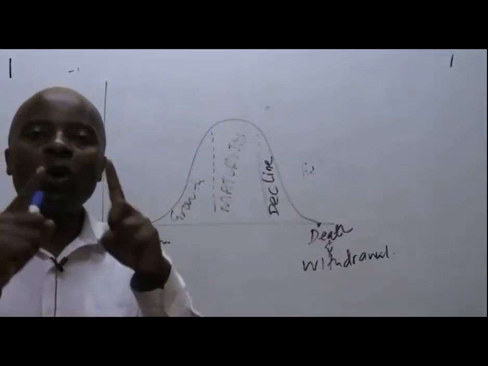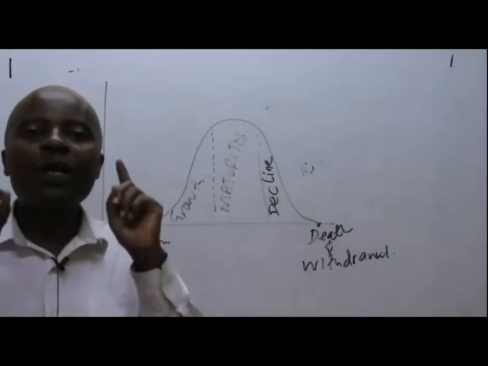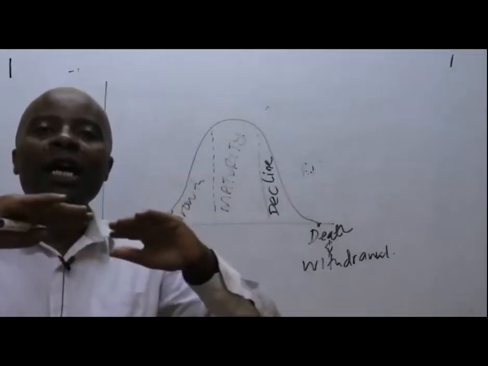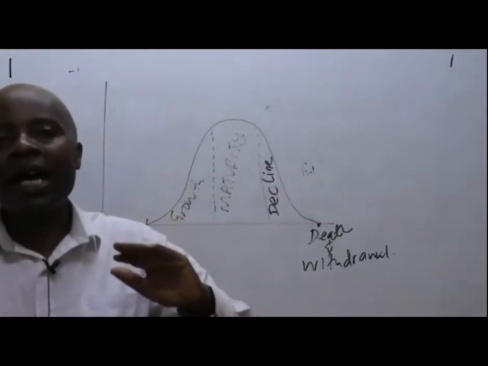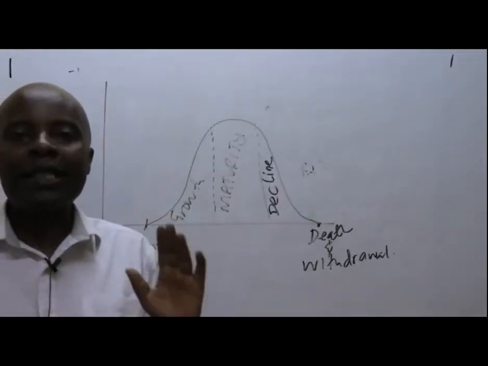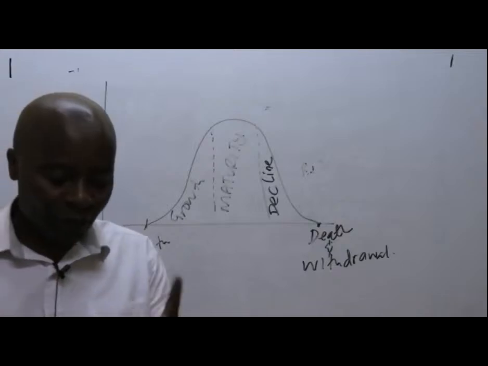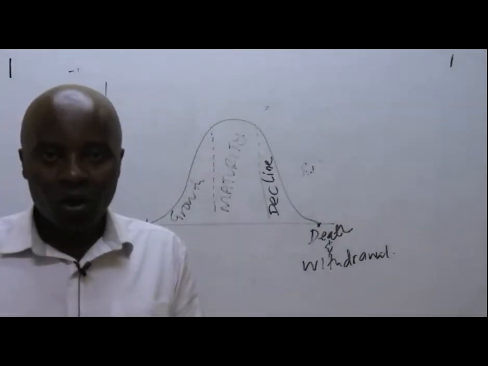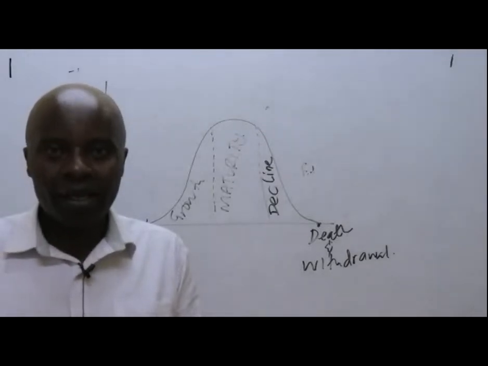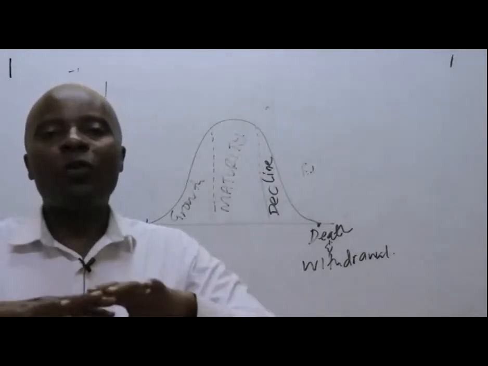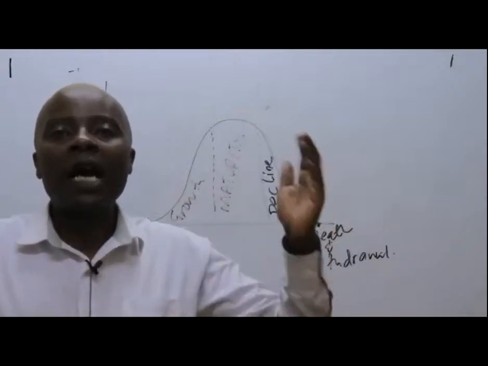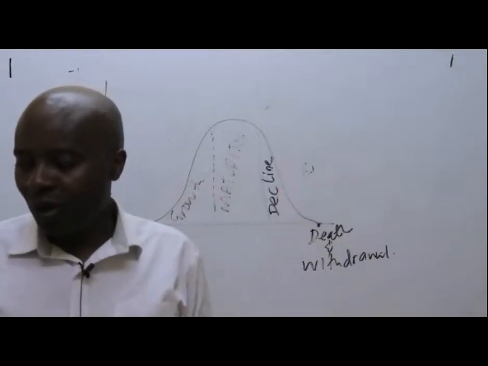So we do cost tracking, we do revenue tracking of a product over its entire lifetime. So whenever they talk of life cycle costing, remember cost tracking, revenue tracking of a product over its lifetime.